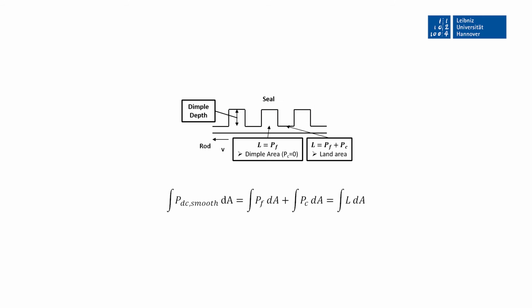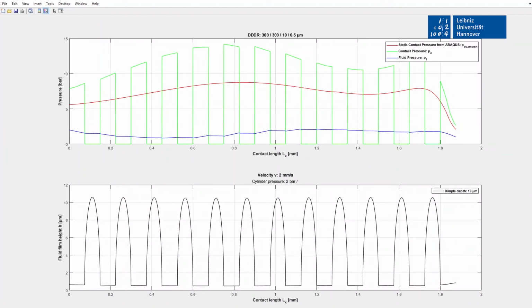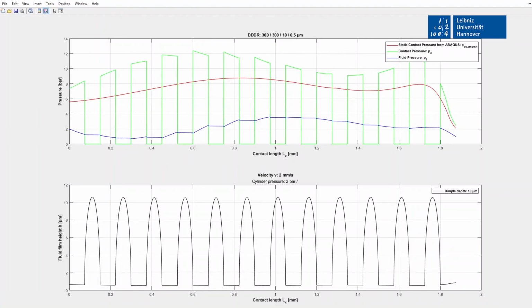Both the static contact pressure, PdC smooth, and the fluid pressure, Pf, are coupled by an equilibrium of forces in order to calculate the dynamic contact pressure, Pc, which is entered to the Greenwood and Williamson contact model again. This process is repeated in an iteration loop until the fluid film height, h, is converged.